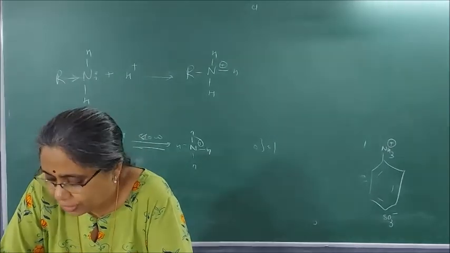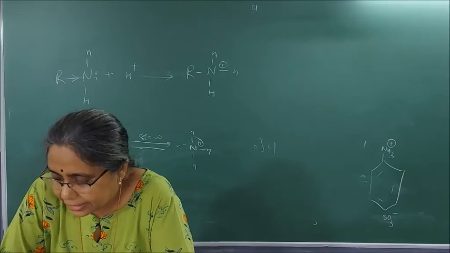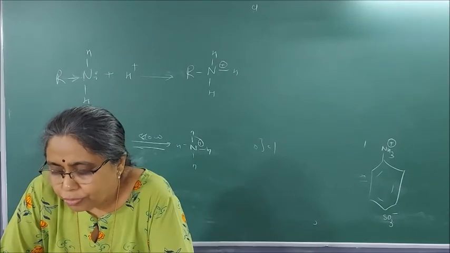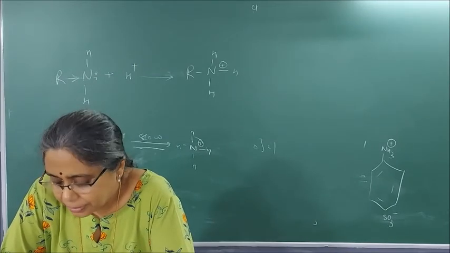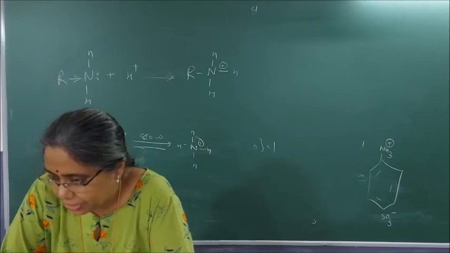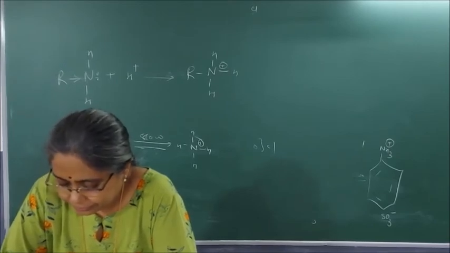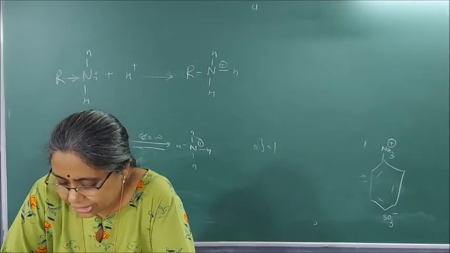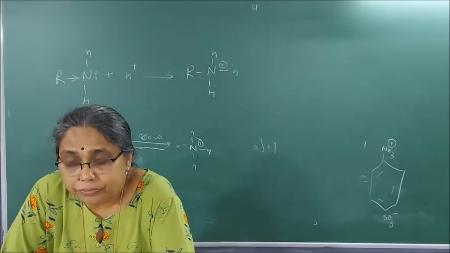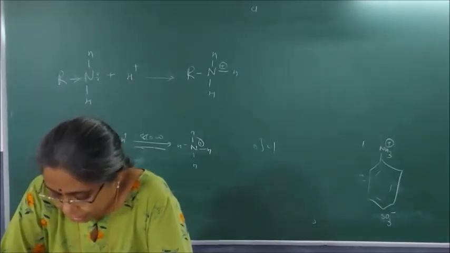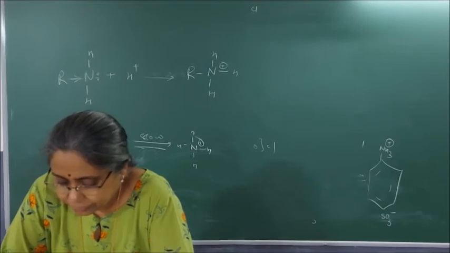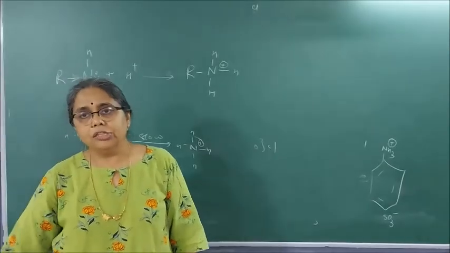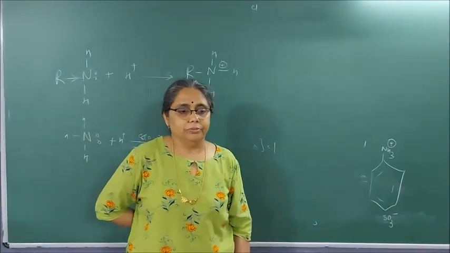Okay, write second point. In aniline, the NH2 group is directly attached to the benzene ring, forming a conjugate system, due to which the lone pair electron is not available for protonation.